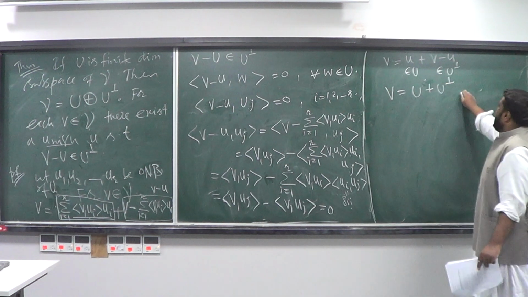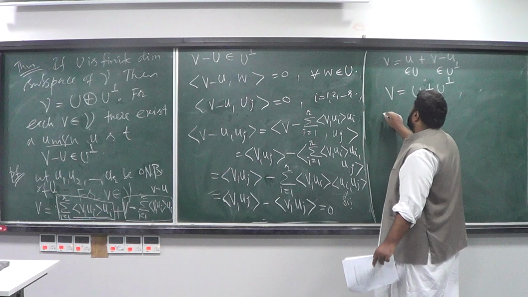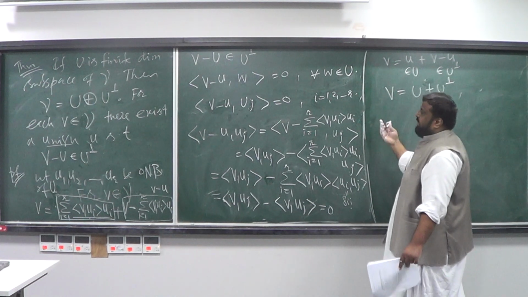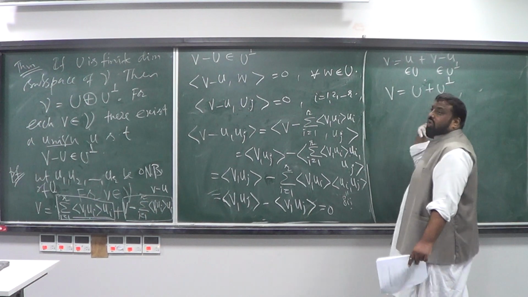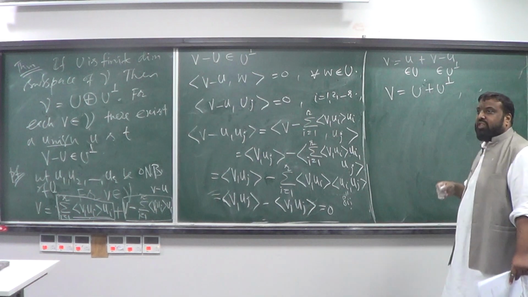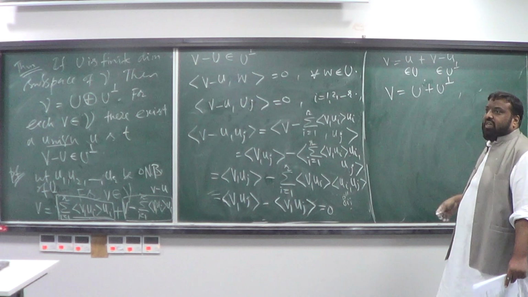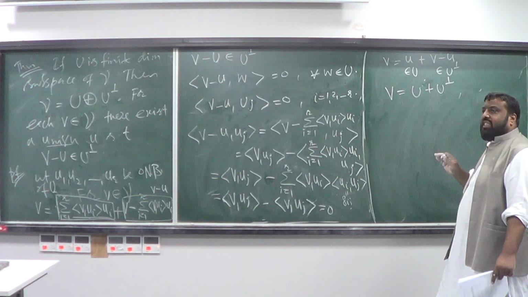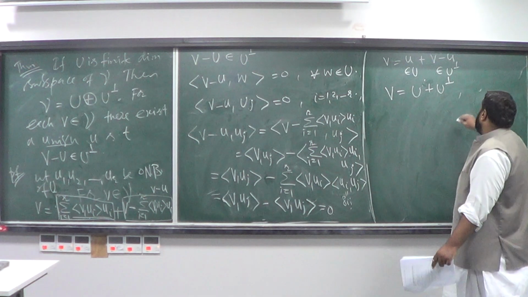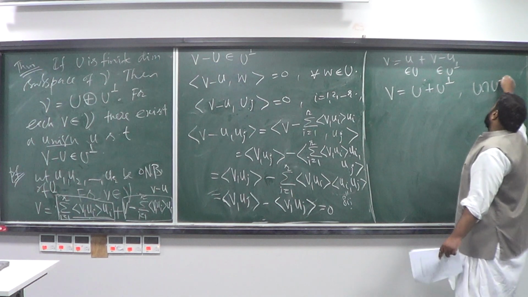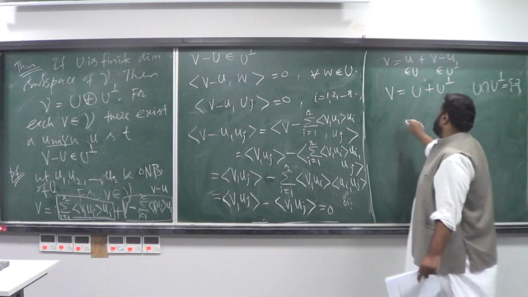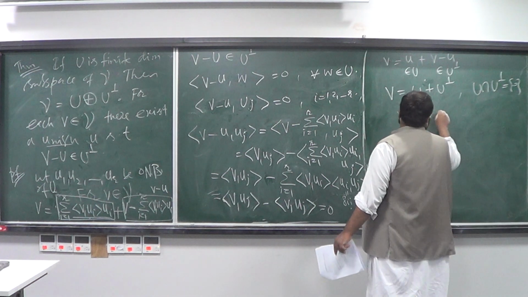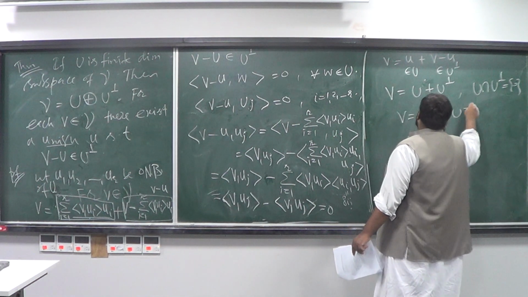But from the last theorem, since U is a subspace, 0 belongs to it, and then the intersection of U and U perp is also 0. So since these two conditions are satisfied, we say that V is the direct sum of U and U perp.